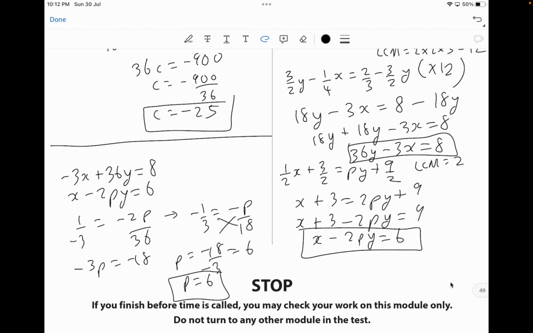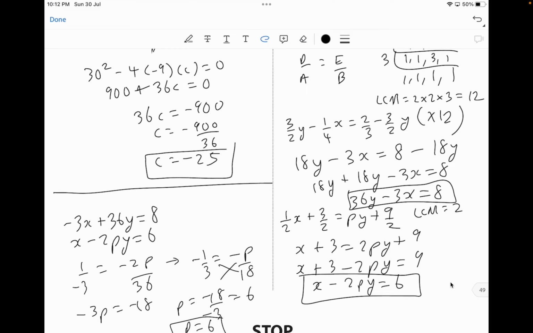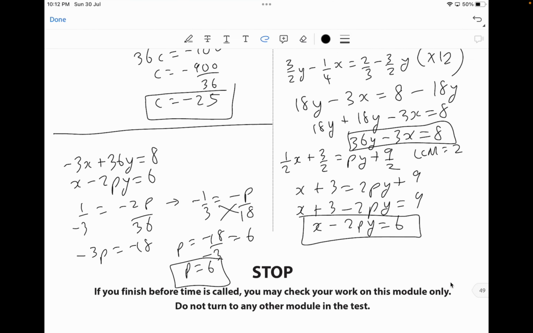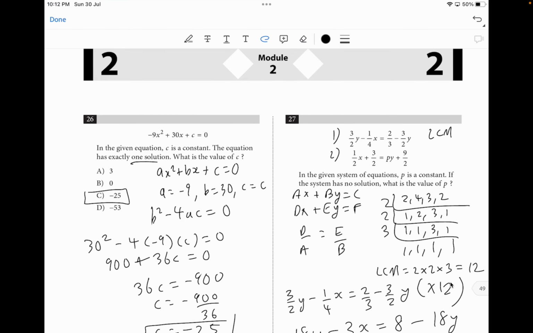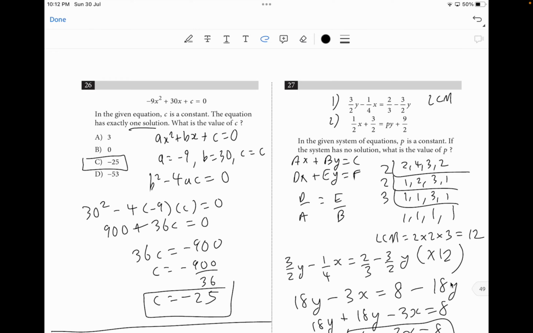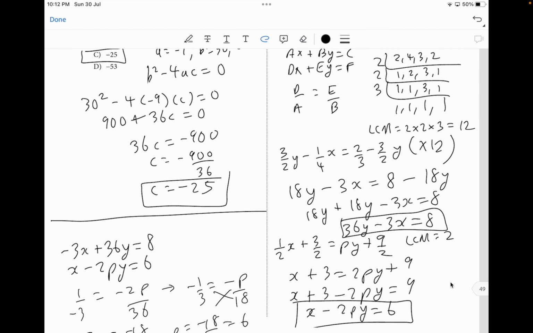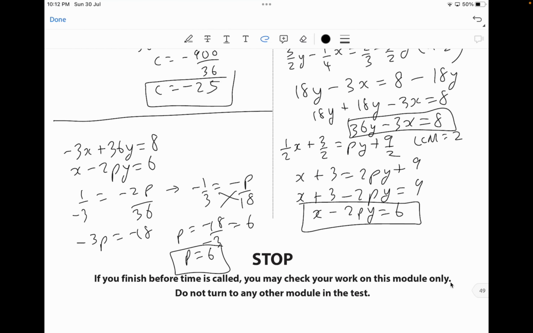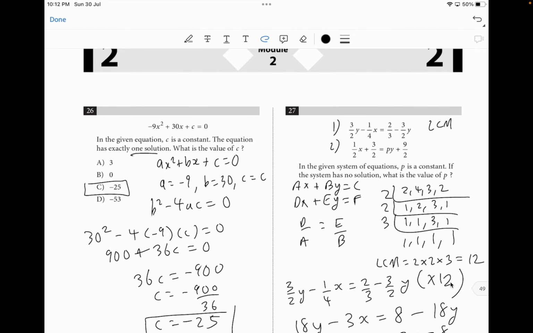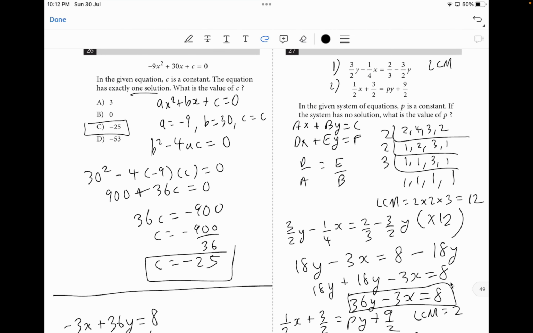There you go. We're just using the proportions here. So for question number 27, the answer is going to be 6. So p is equivalent to 6, and that is the correct answer for question number 27. All we did was put the two equations together.